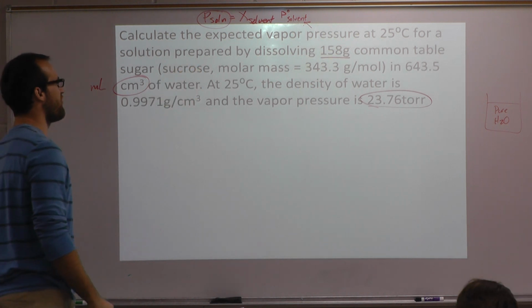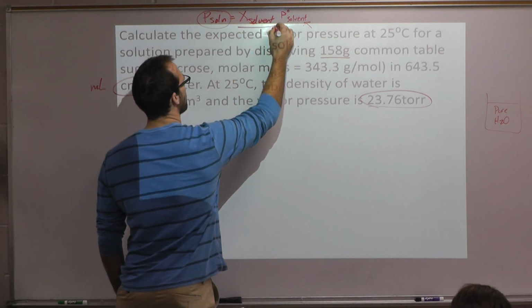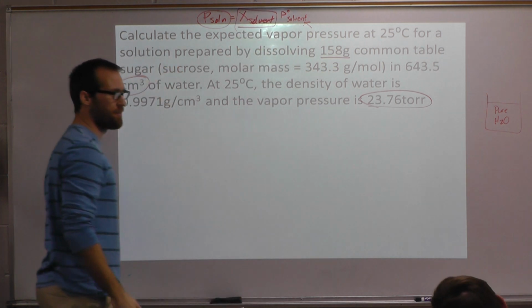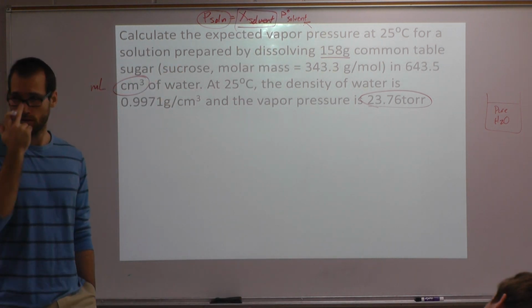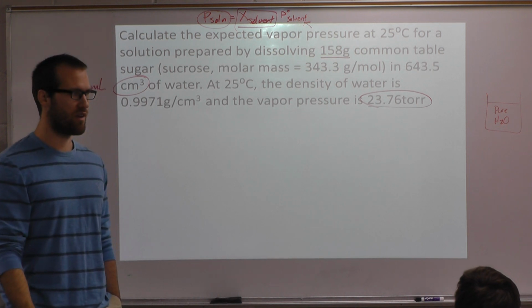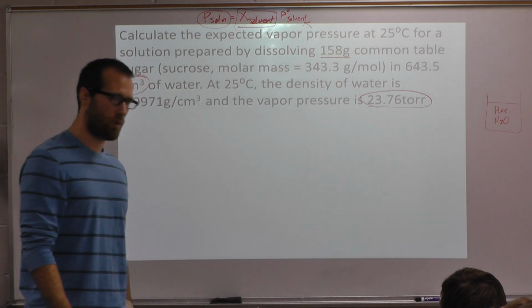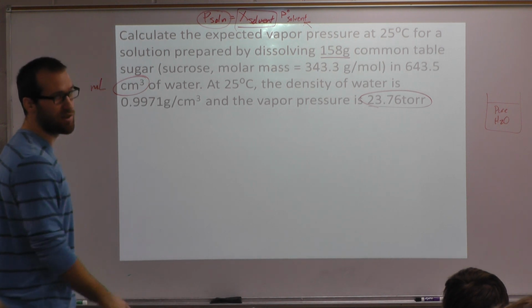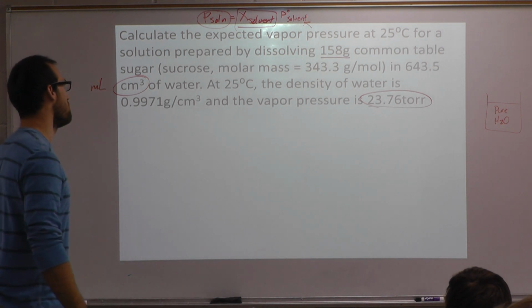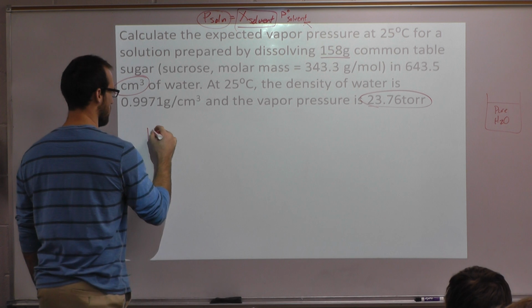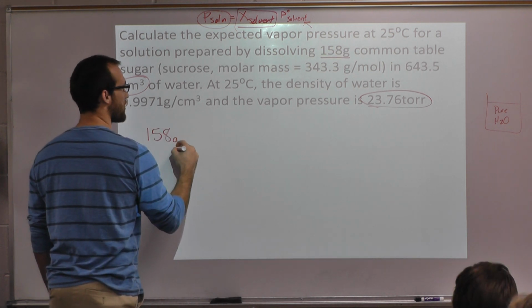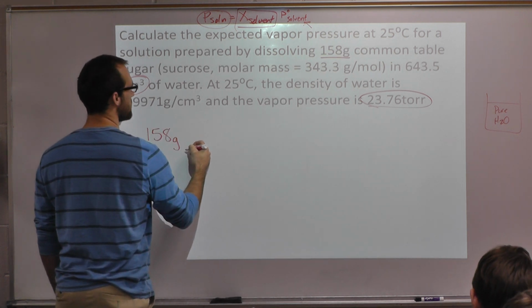So in order to find this, what two things do we need? What makes up that variable? How do we find mole fraction? Yeah, moles part over moles total. We don't have either, do we? But we've got enough information to figure it out. We've got 158 grams of table salt.